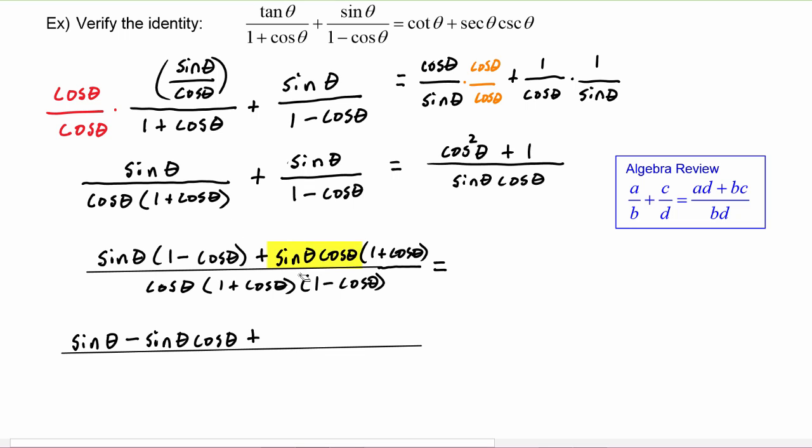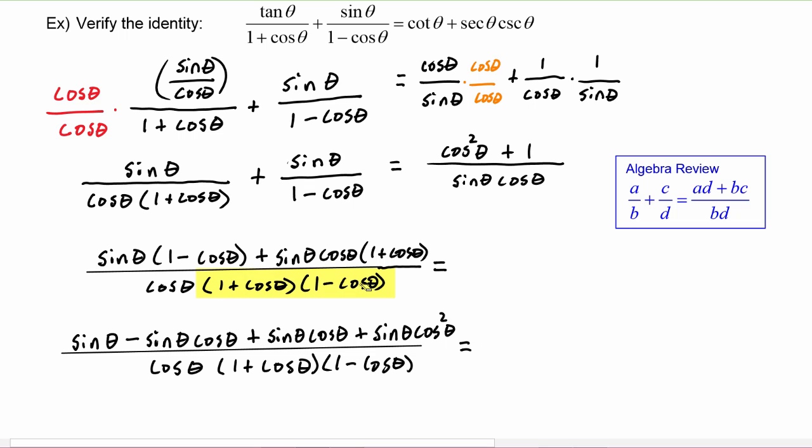Now we have to distribute sine theta cosine theta times 1 plus we have sine theta cosine theta times cosine theta. So we're going to get sine theta cosine squared theta, and our denominator is unchanged. Cosine theta times 1 plus cosine theta times 1 minus cosine theta.